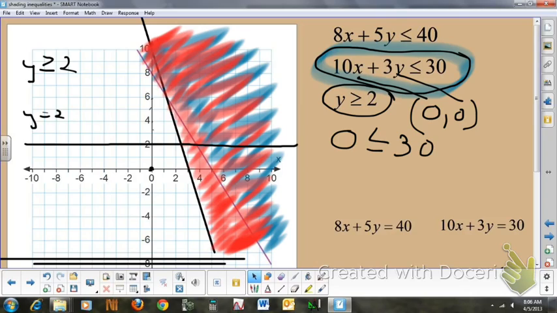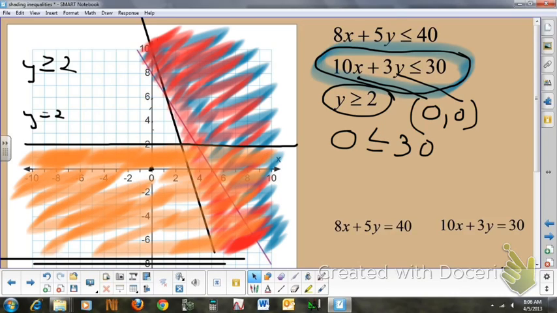So the solution is above the line. Y is always greater than 2 above the black line. So since we're shading away from the solution set, we shade here.